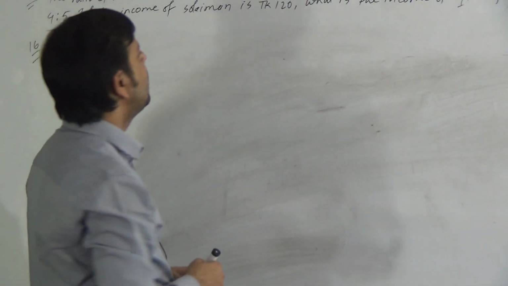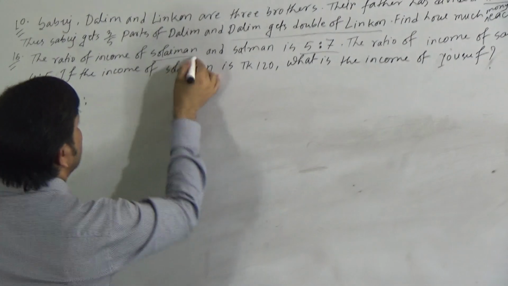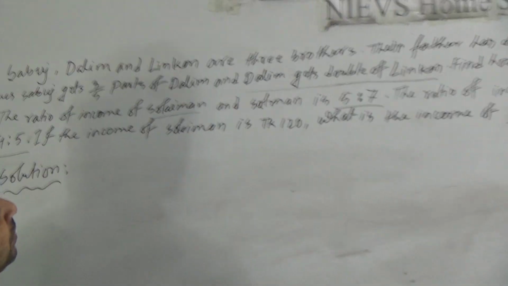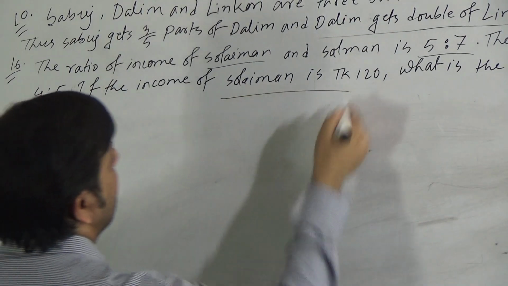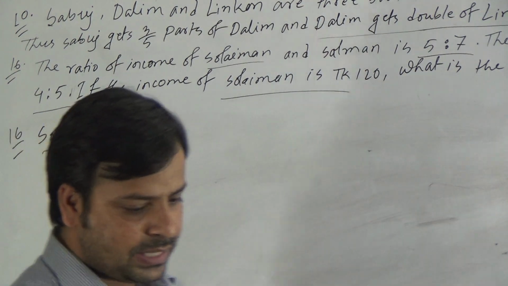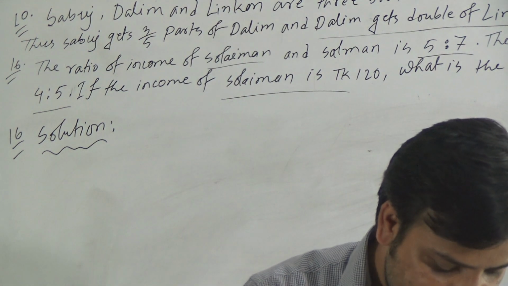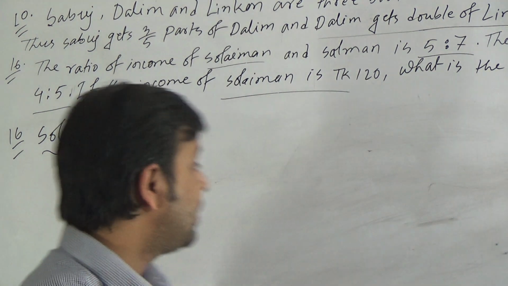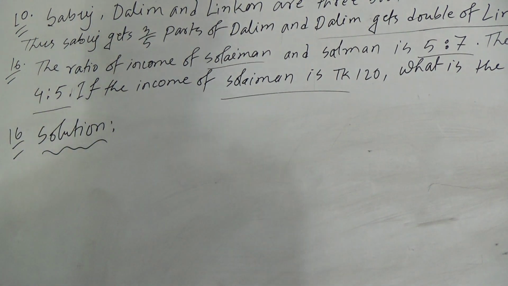So at first we can solve for the income of Sulaiman. Income of Sulaiman is given. We need to determine the income of Salman. At first we have to determine the income of Salman, then from that we can determine the income of Yusuf.